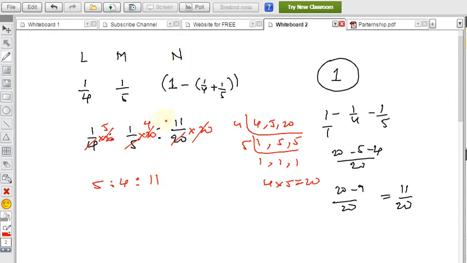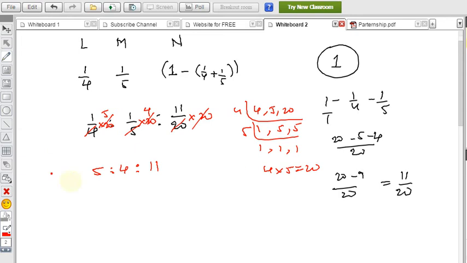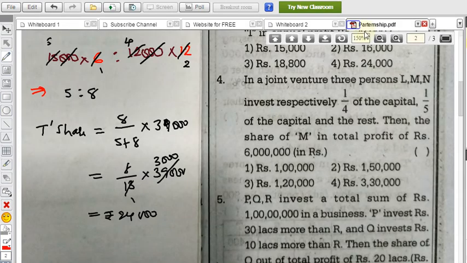Now in this, you have to find out the share of M. So M's ratio is 4. M's share is M's ratio by the total ratio, 5 plus 4 plus 11, into the total amount. 60 lakhs is given, right?